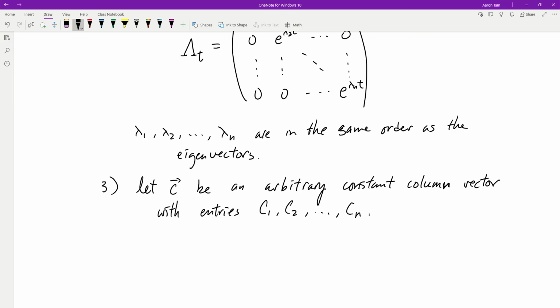Okay, so the idea is the following. With this being said, we can now rewrite our general solution into a condensed form.